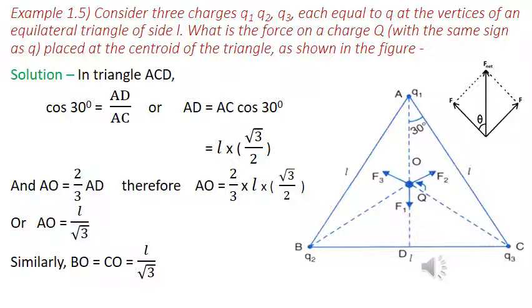As we know that the centroid of the triangle divides the median in the ratio of 2:1, therefore we can write OA is equal to 2 by 3 AD. From here we get the value of AO is equal to L by root 3. Similarly, we can find out the values of BO and CO, which are also equal to L by root 3.